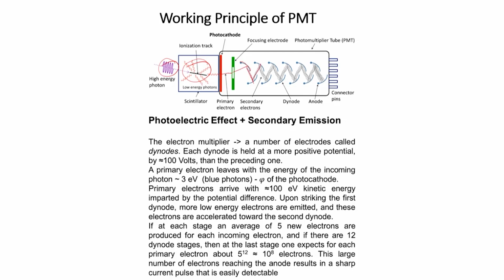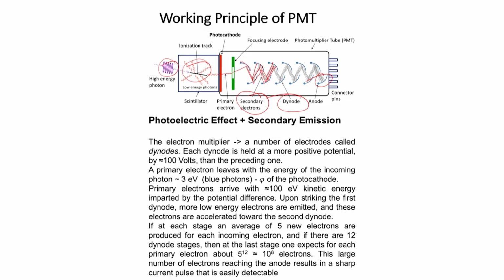Then this generates more, then this generates much more. By the time each one of them goes along, the number keeps increasing and you get many of them. So, by arranging these dynodes, you can multiply the secondary electrons in the system, and that way it works like a photomultiplier.